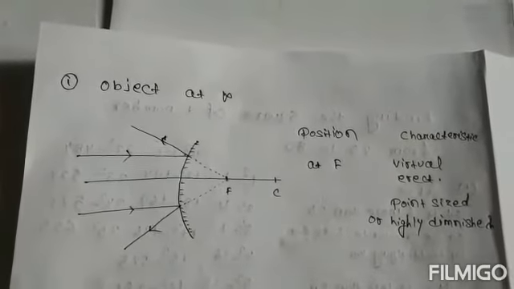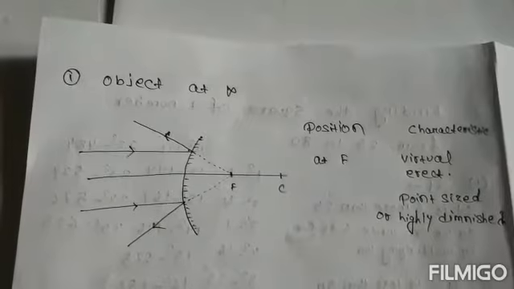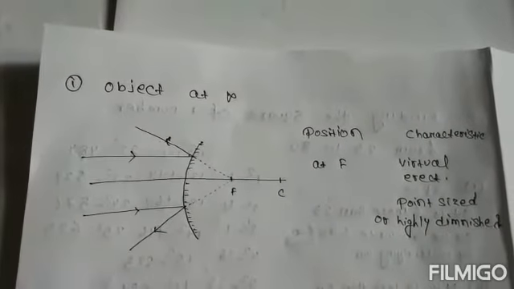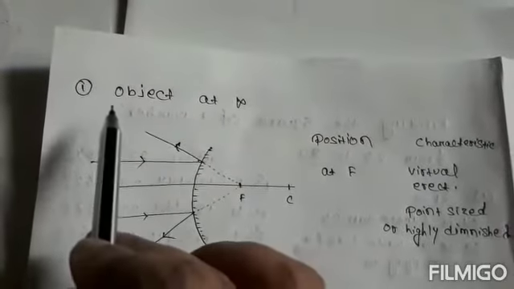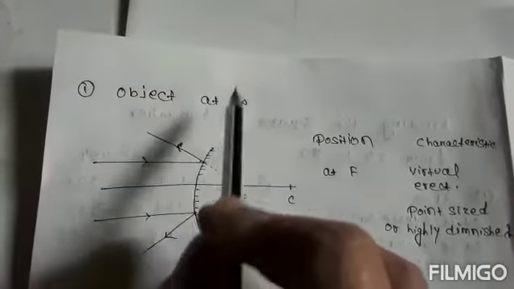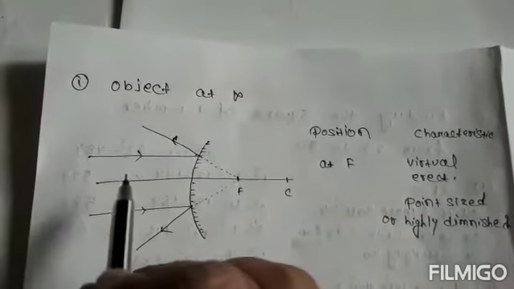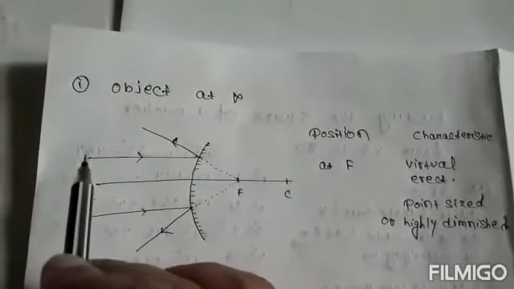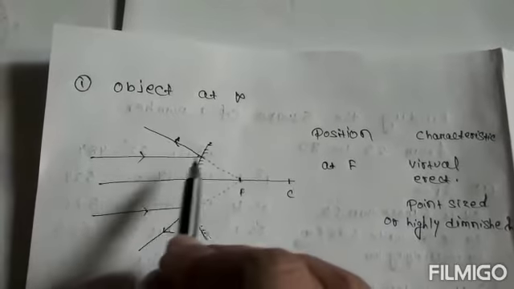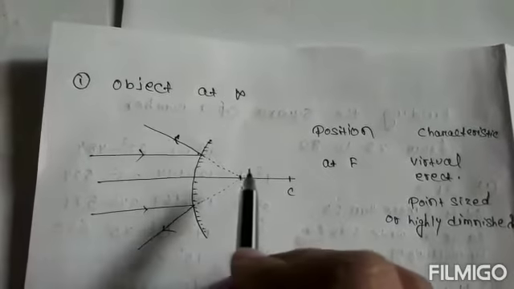Let us draw the ray diagrams using convex mirror. So consider first case, object is placed at infinity. When object is placed at infinity, in that case we only get parallel rays, that means parallel to the principal axis.